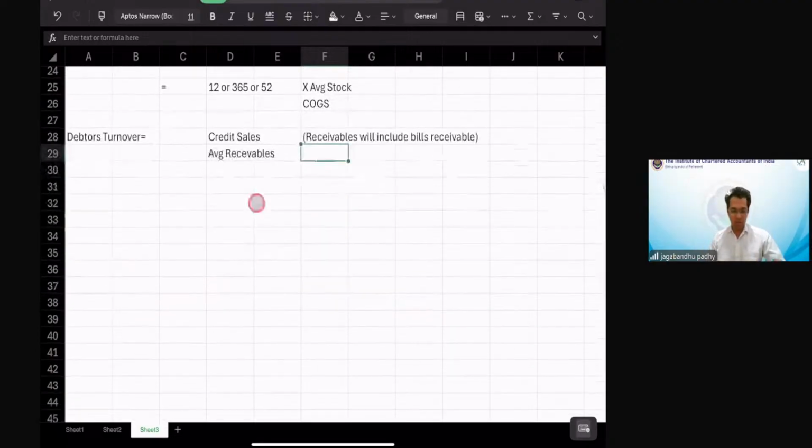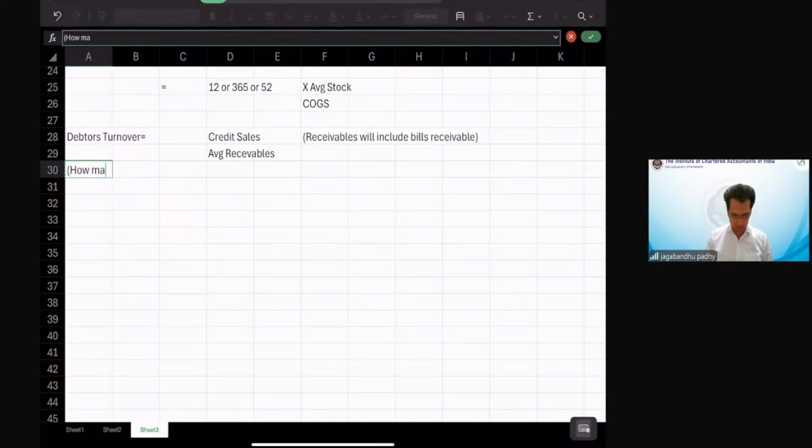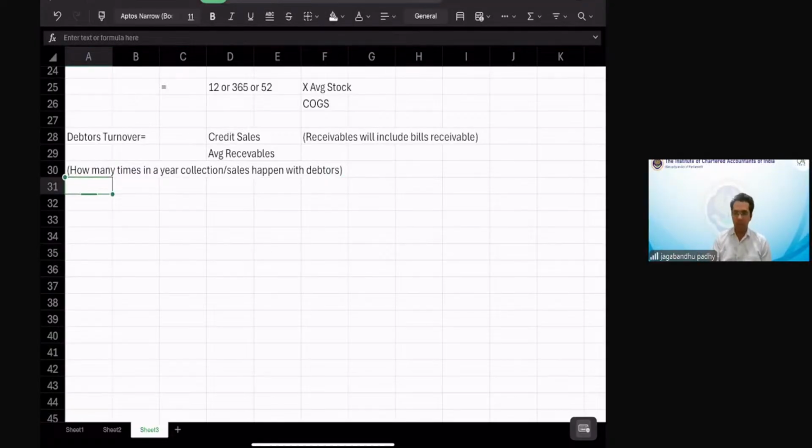So debtors turnover is credit sales upon average receivables. Receivables is going to include the bills receivable, and this is going to tell us how many times in a year collection or sales happen with the debtors.